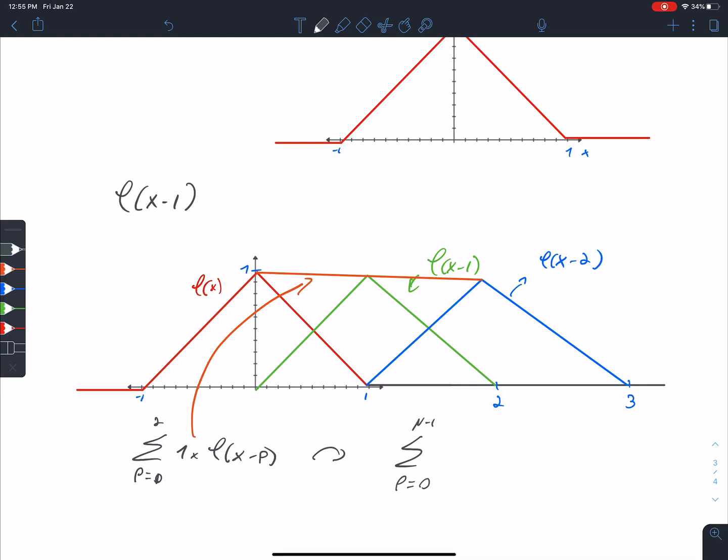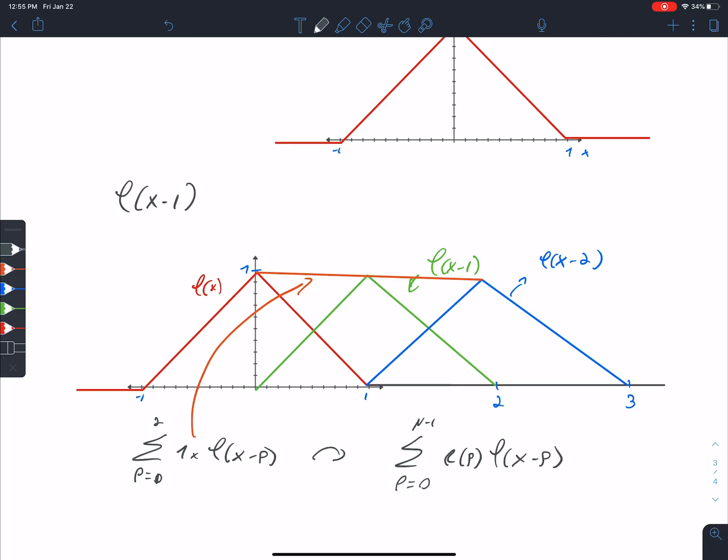By doing this, we're still summing over n terms. I just shifted the indices, and there will be some general coefficients here, c of p, and the function phi of x minus p. So this gives us a way to essentially write piecewise constant functions.